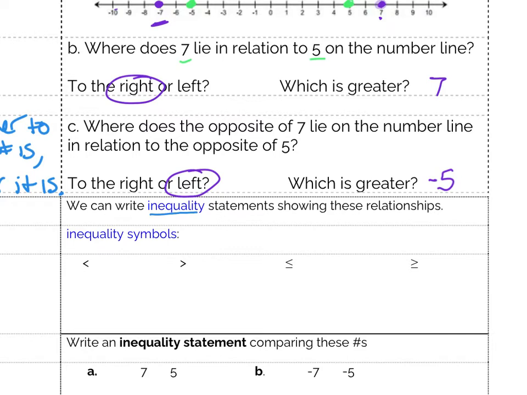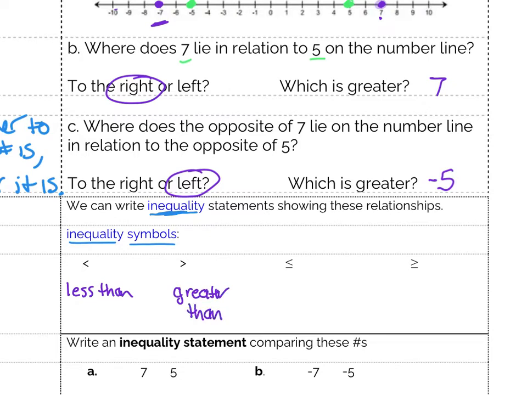Inequality, we have that word equal in there, but they're not necessarily equal. You probably talked about these in elementary school, like with the Pac-Man or the alligator. The open mouth always points to the greater number. So just to remind you of what the inequality symbols look like, this one is less than. This one we read greater than.